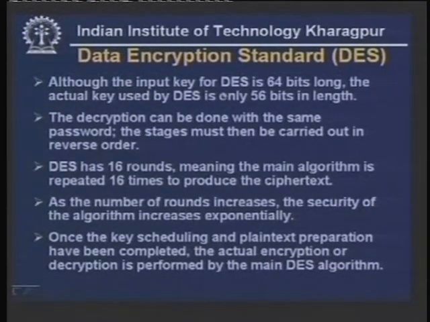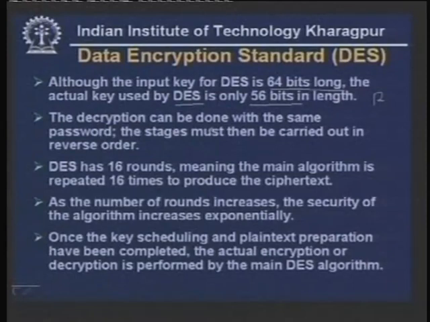Although the input for the Data Encryption Standard is 64 bits long, the actual key used by DES is only 56 bits. The other bits are parity bits, which are essentially used for error checking; they do not take part in generating the keys.